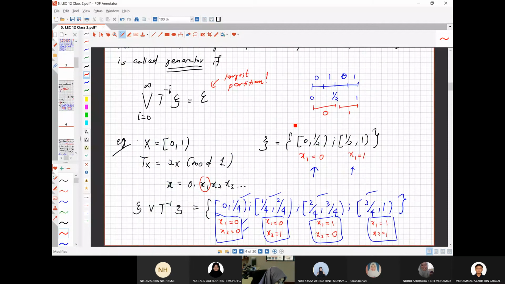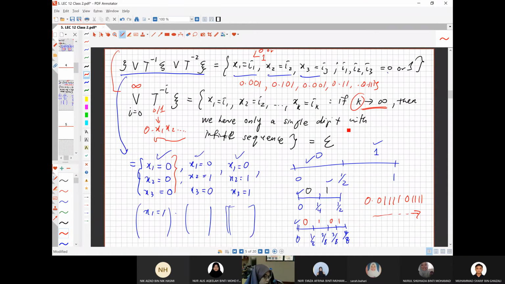Okay, so generator ni kalau dia sama, kalau join dia infinitely many and then dia sama dengan largest partition. Maksudnya you join many times. You join dia punya pre-image to many times. Maksudnya you divide infinitely many times. So your answer would be this lah. Dia hanya ada single digit sebab you fixing all.